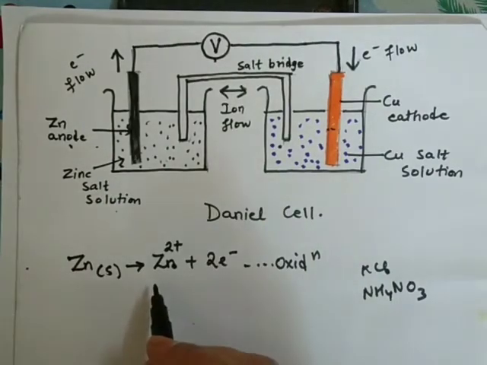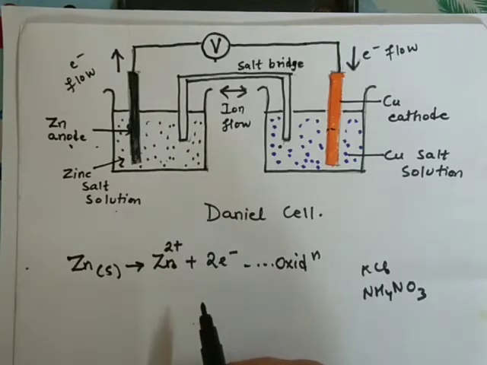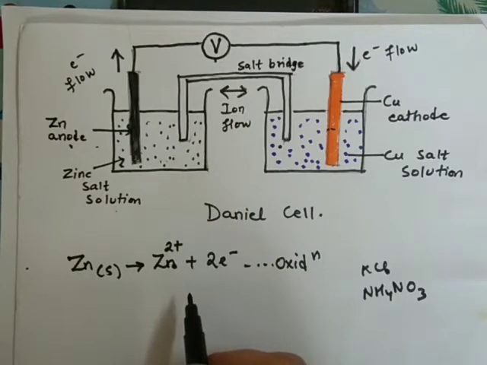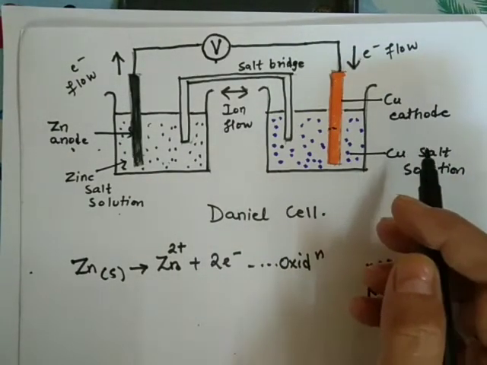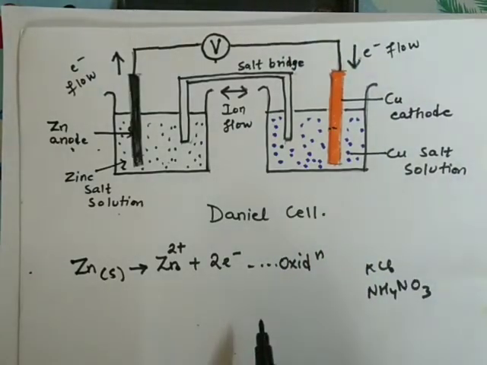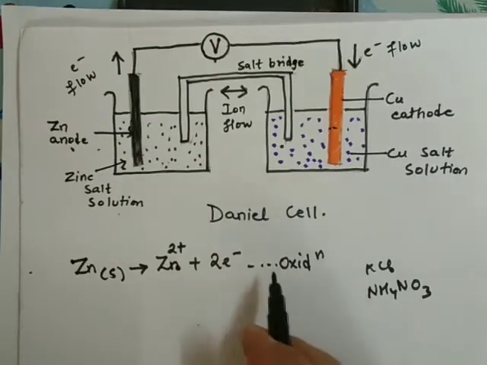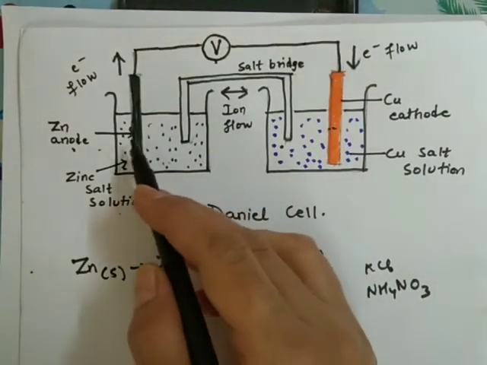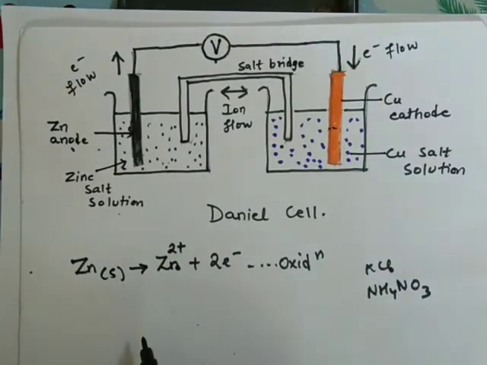Now these electrons which are lost by zinc plate, they are immediately picked up in the electrical circuit. The zinc plate acts as anode as already said, and the copper on right side will act as cathode. When the electrical circuit is completed, electron flow will start. Electrons will flow from where? From zinc plate. It will flow towards the cathode.